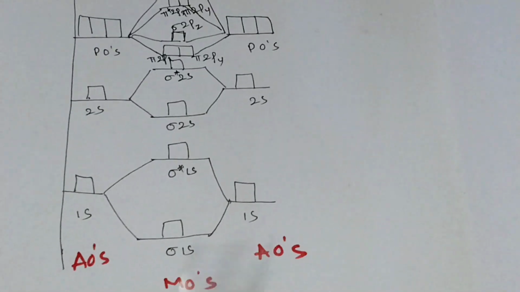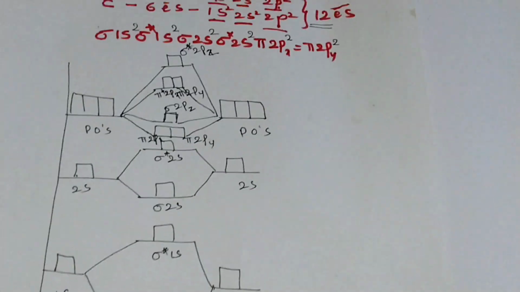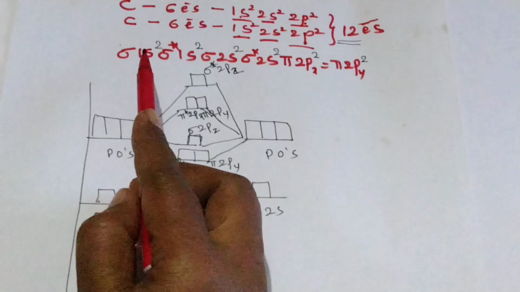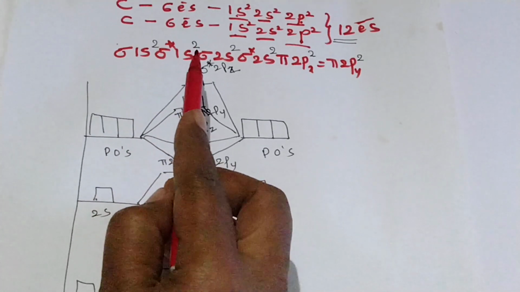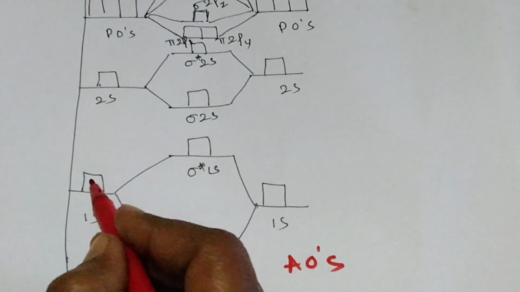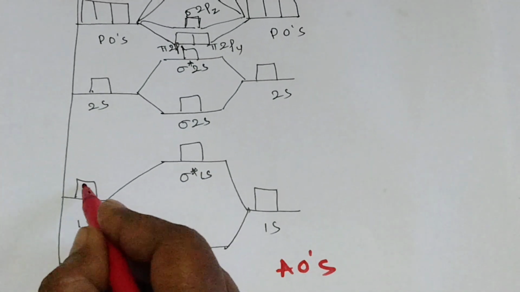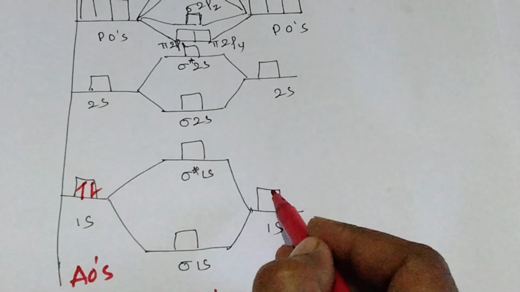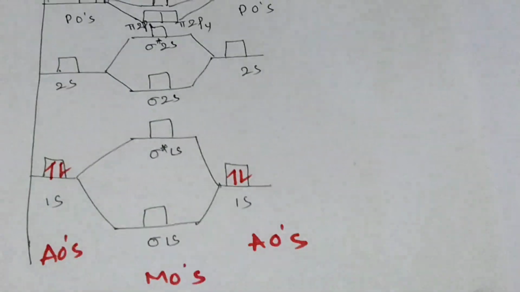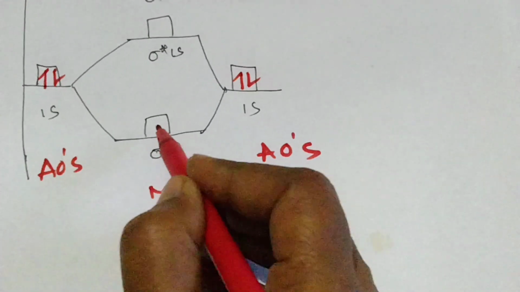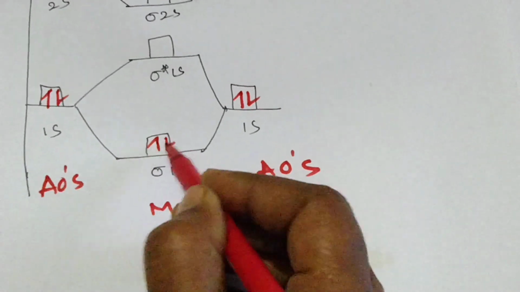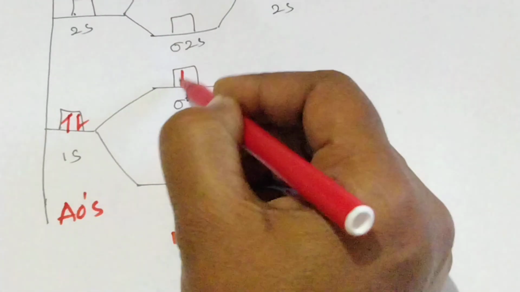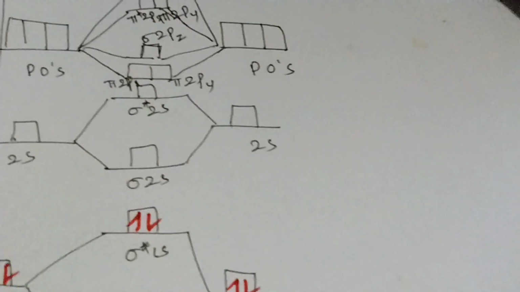Okay, so in the configuration we have, in the bonding it has 2 electrons, in the anti-bonding it has 2. First we have to accommodate the atomic orbitals. Here 2 electrons and here 2 electrons. Now in the bonding molecular orbital there are 2 electrons. In the anti-bonding it has 2 electrons.